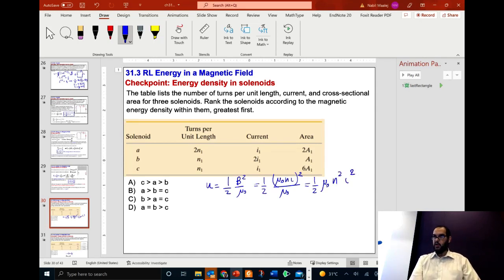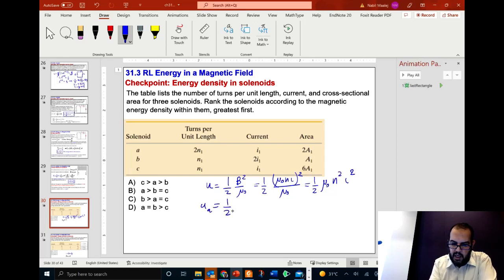Notice the cross-section area does not play any role in this. So what is it for A? For A, it's 1/2 mu 0 (2n1) squared times I1 squared. For B, it's 1/2 mu 0 n1 squared (2I1) squared.